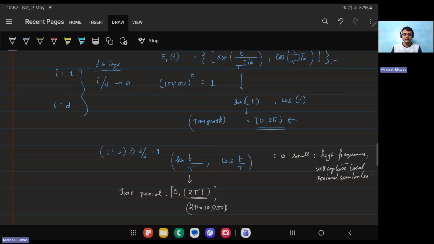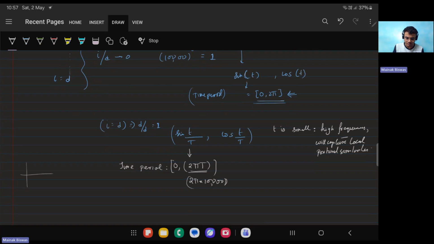You can clearly understand, right? If your frequencies are very high, what do you observe? Let's see the implication of having high frequencies. I'm not very sure what it is going to be, we'll just figure that out.